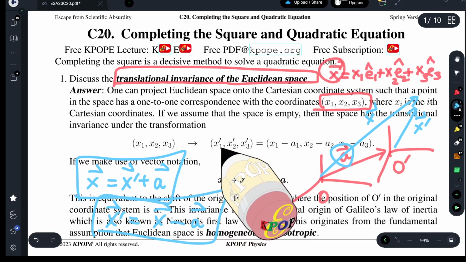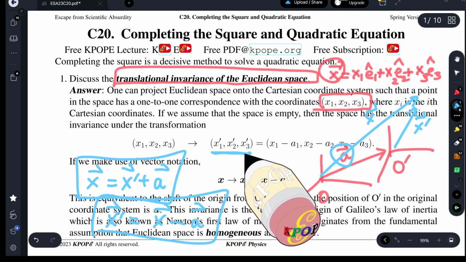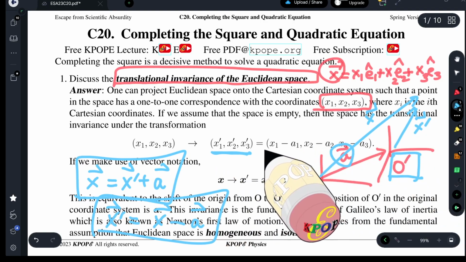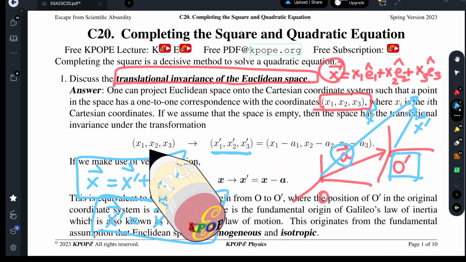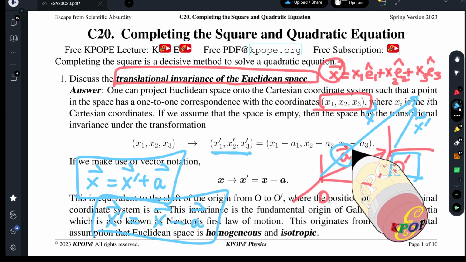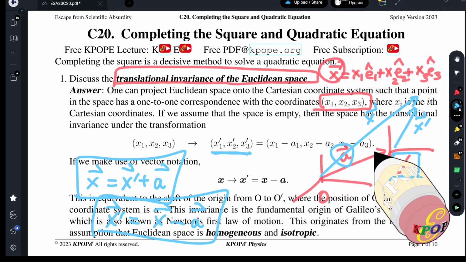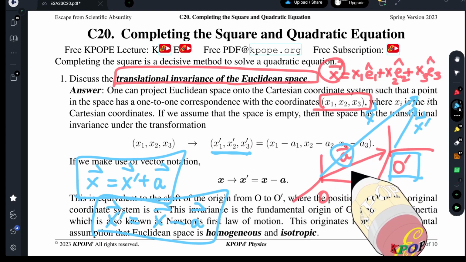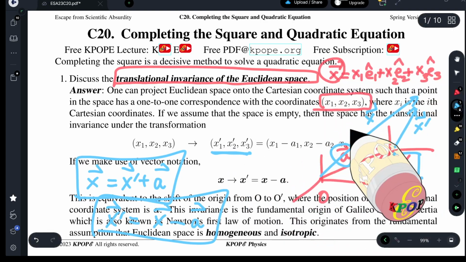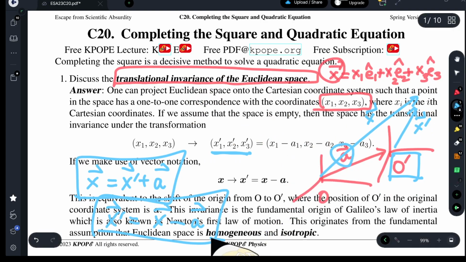Therefore, Cartesian components relative to the new origin should be expressed in terms of x1 minus a1, x2 minus a2, and x3 minus a3. This translation is allowed because the Euclidean space is homogeneous and isotropic.